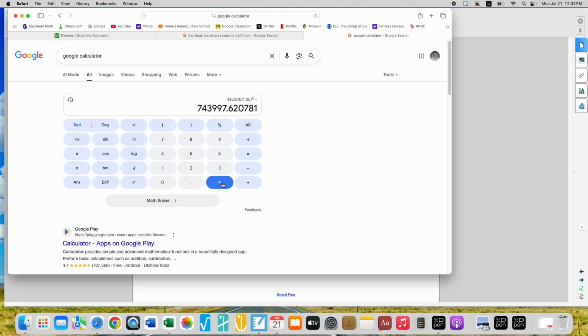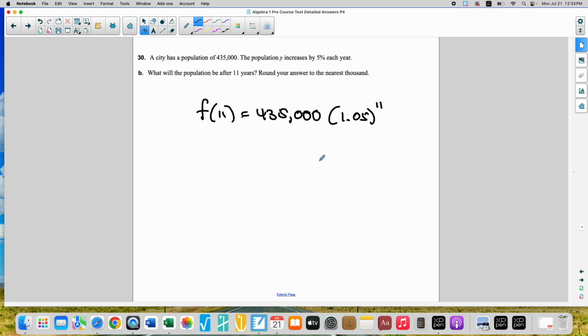And that creates that number. That is the population.